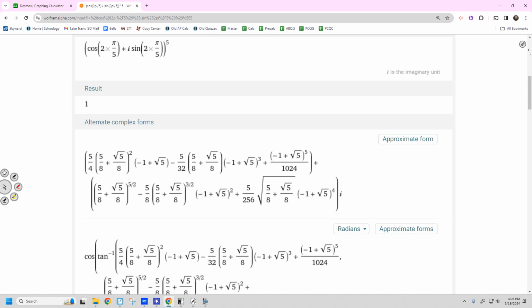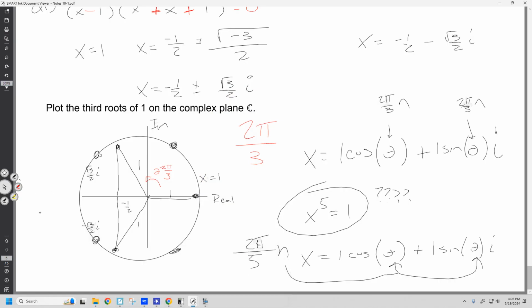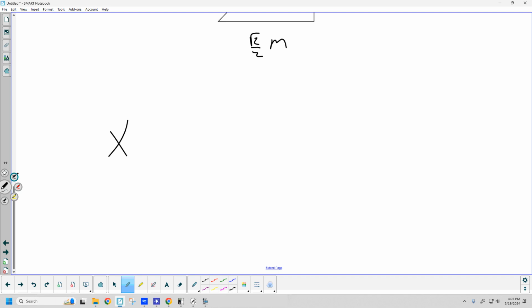Which means, if I asked you to give me a solution other than plus or minus 1 or plus or minus i to x to the 123rd equals 1, what is it?